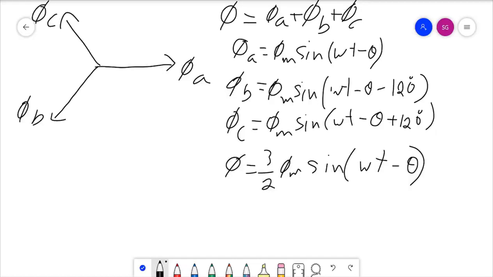All these fluxes will add up to phi. So phi is a flux that you can see is rotating at omega frequency. We can represent this in the phasor diagram as this phi, and this is your theta.